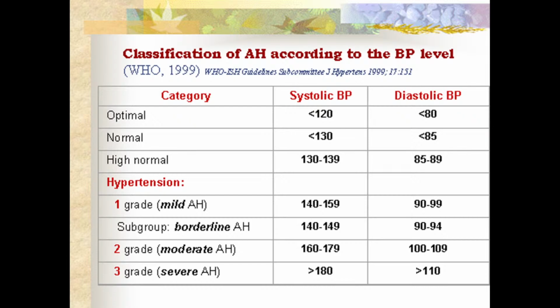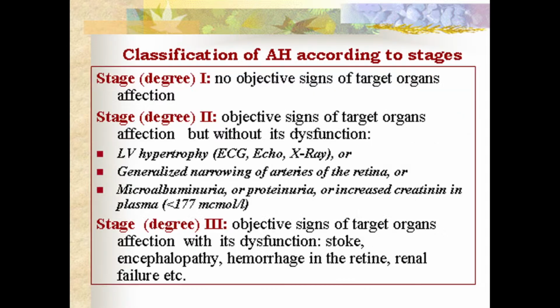The second grade of arterial hypertension is characterized by moderate arterial hypertension, and systolic blood pressure is from 160 to 179. Diastolic blood pressure 100 to 109. And the third grade, severe arterial hypertension, systolic blood pressure is more than 180, and diastolic blood pressure is more than 110 millimeters of mercury.